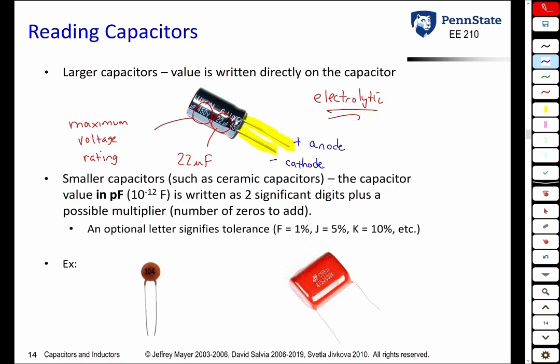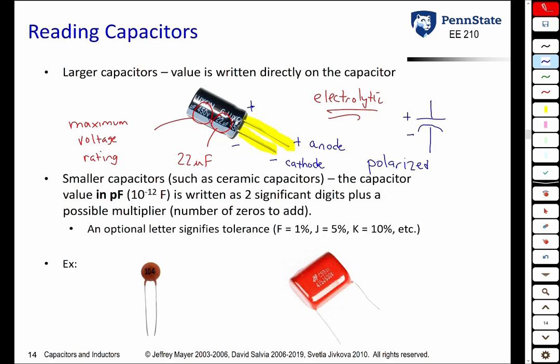Capacitors that have a positive and negative end like this will always be drawn on a circuit diagram, as I mentioned before, with this symbol here, with the positive end being the one that is straight and the negative end being the one that is curved. We call these polarized capacitors. With polarized capacitors, it is important to make sure to connect the positive end to the right place and the negative end to the right place.